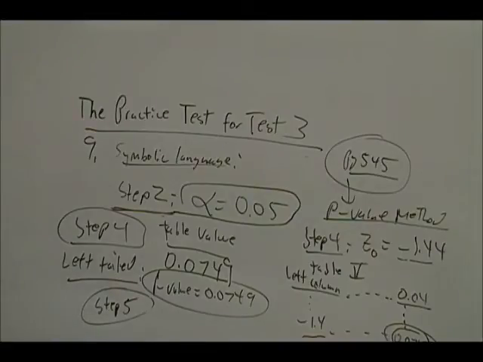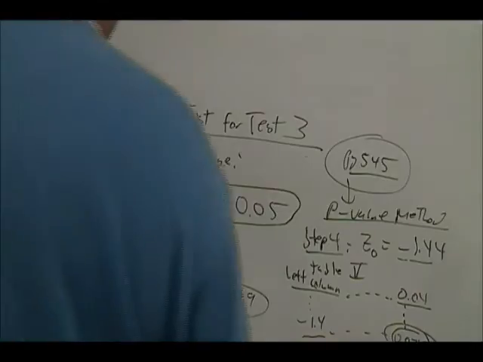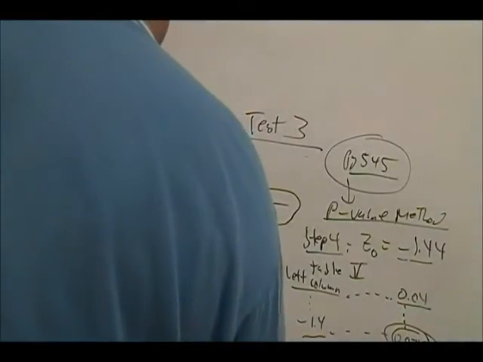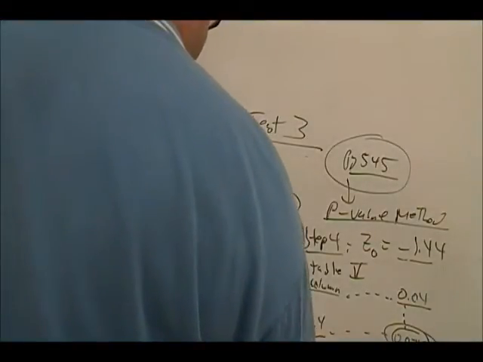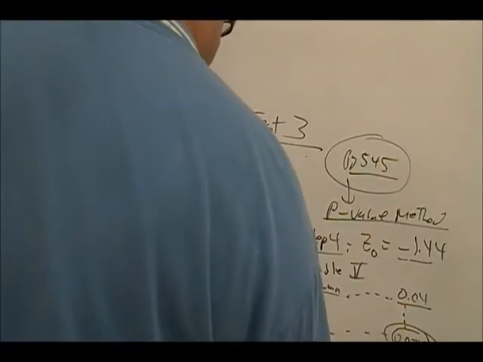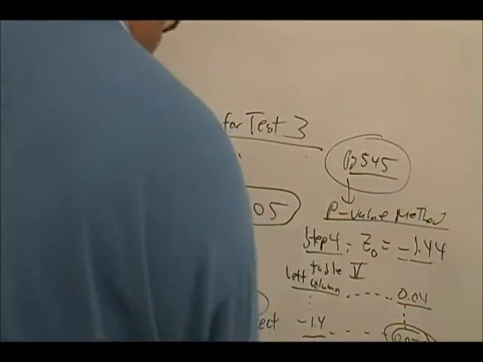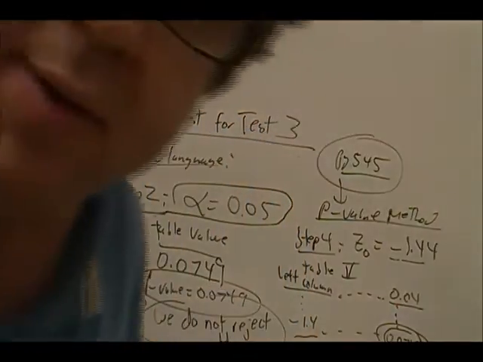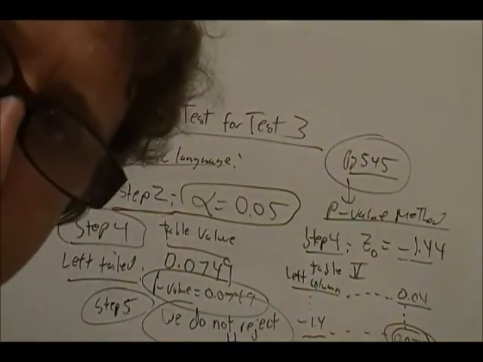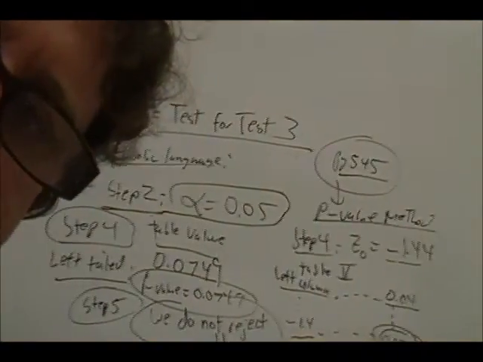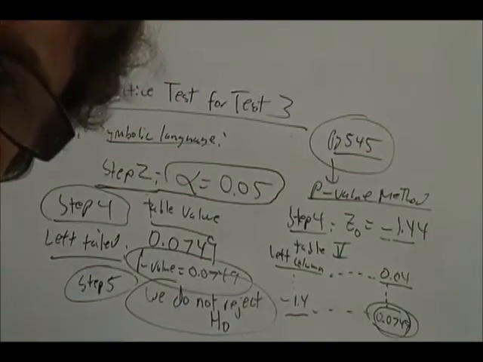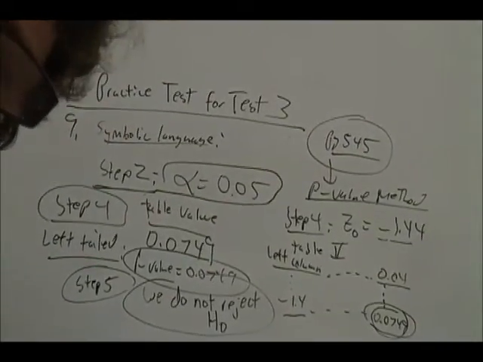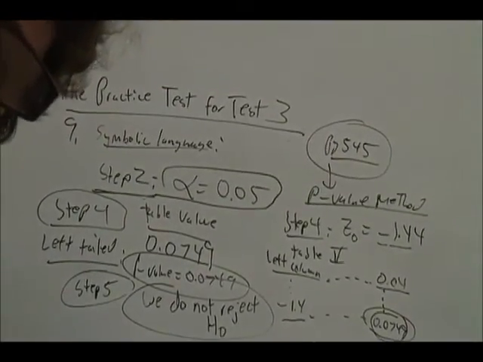So what that means is, in step 5, we do not reject H naught. You only reject H naught if the p-value is less than the significance value.